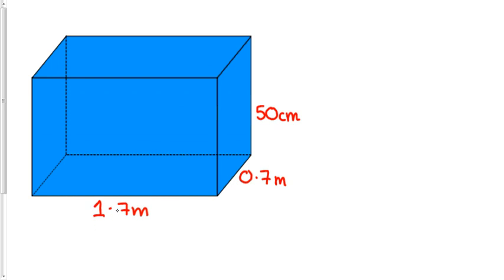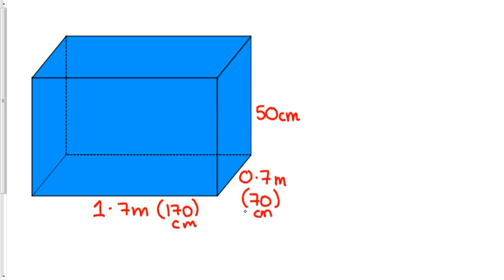We have units that aren't quite as we would like. 1.7 metres is 170 centimetres, and 0.7 metres is 70 centimetres. So these now make sense to us, and we can work on what we'd like to do.